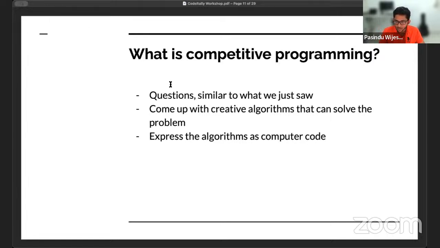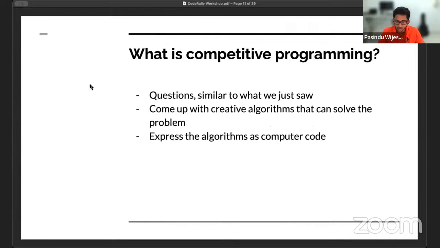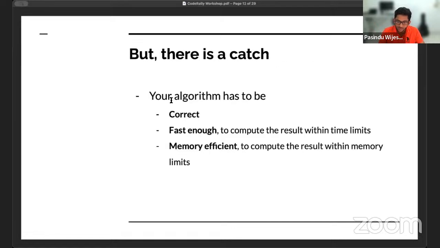Now, in competitive programming competitions, there's something in addition to just coming up with algorithms and submitting your computer code. Whatever algorithm you come up with has to be correct, fast enough, and memory efficient. So whatever program you write, even if it's correct, you don't have unbounded time to execute it, right?